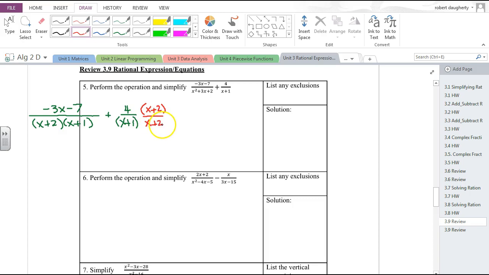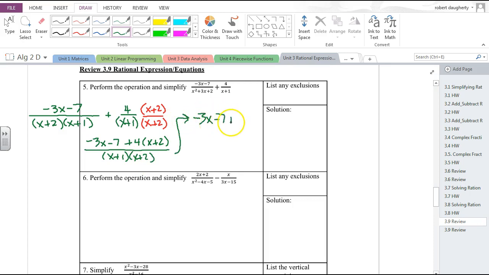over x plus 2. And when I combine all of that, I'm going to get negative 3x minus 7 plus 4 times x plus 2 over x plus 1, x plus 2. So that gives me negative 3x minus 7 plus 4x plus 8, all of that over x plus 1, x plus 2.